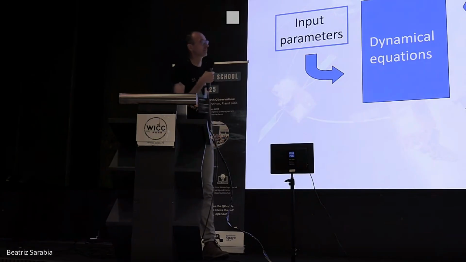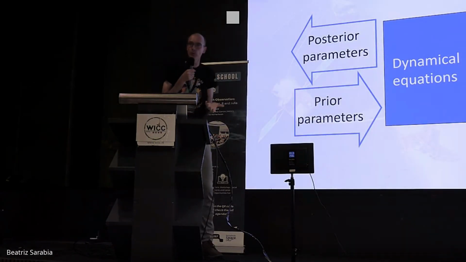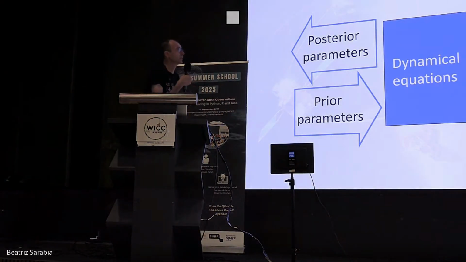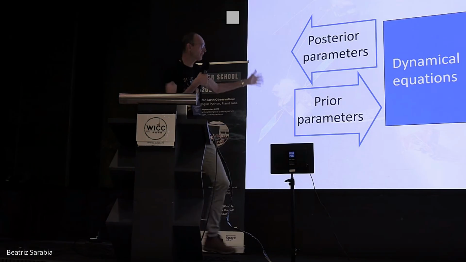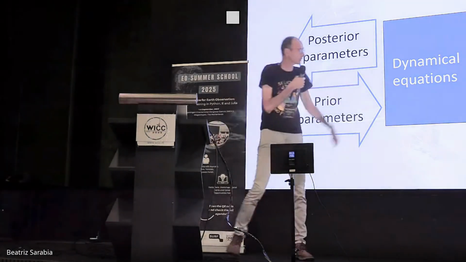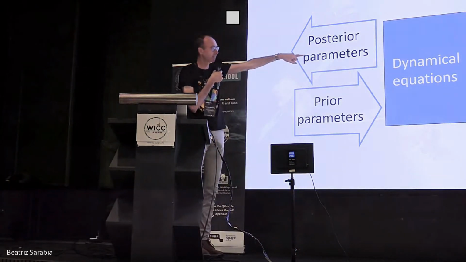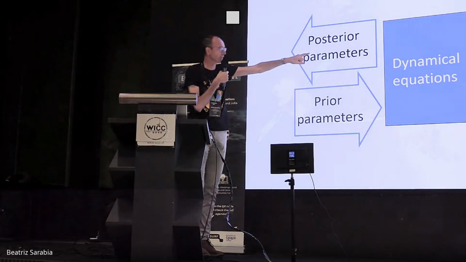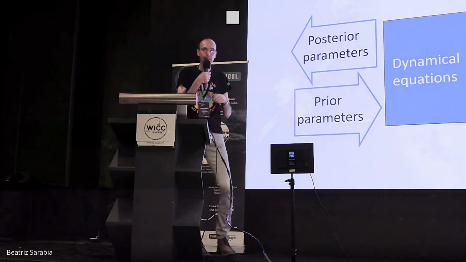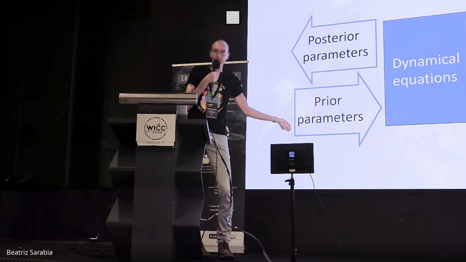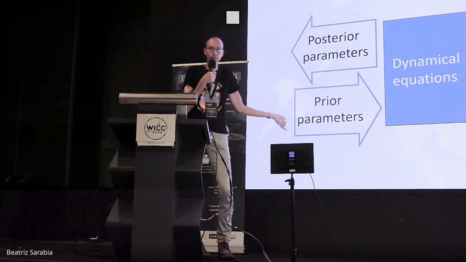Next slide. If you want to use data to really improve your model, then there are other methods, and one example is something that we call inverse modeling. In the case of inverse modeling, the schematic looks a little different. You have the dynamical equations that give you a forecast, and again there is this minimization, optimization against observations, but now it is not the observable that is going to be adjusted. It's a model parameter, which is related to the observable, which is going to be adjusted.